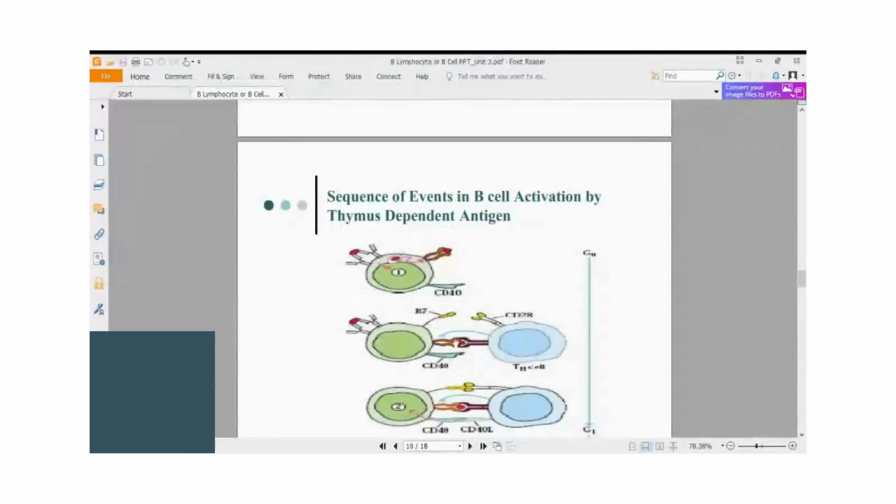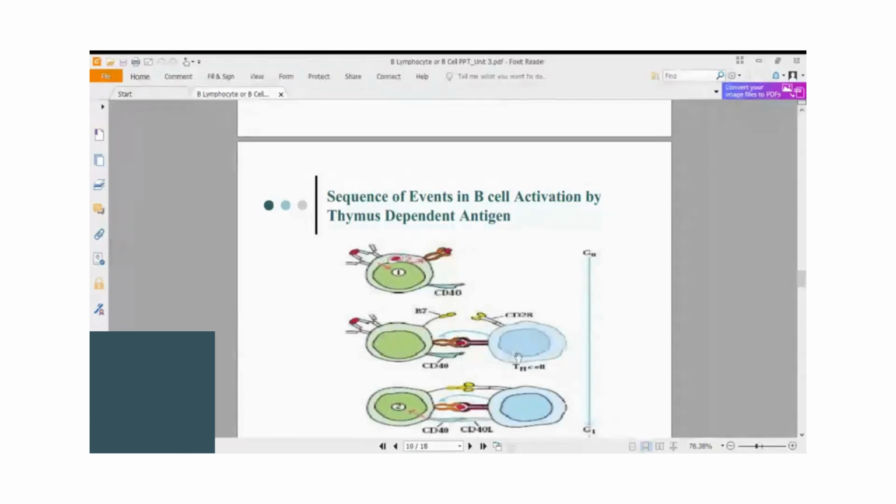And this is the first synapse that is going to be established. The conjugate of the B lymphocyte, which is activated with a foreign antigen, with the T helper cell will be established through class 2 MHC presenting the antigen to TCR.